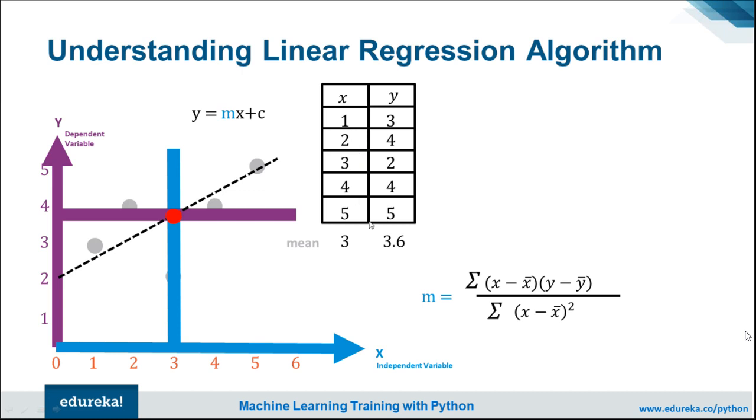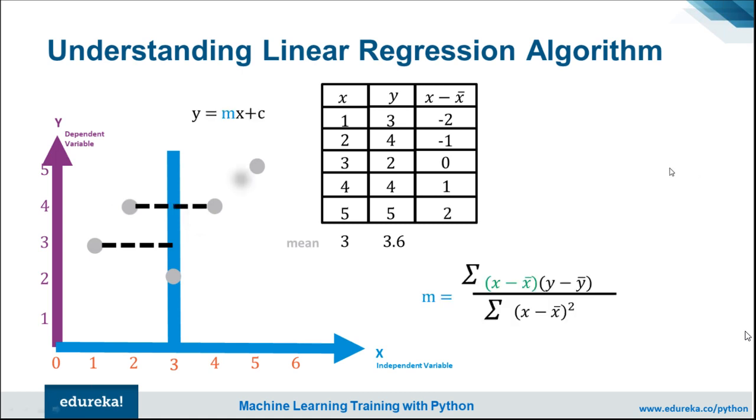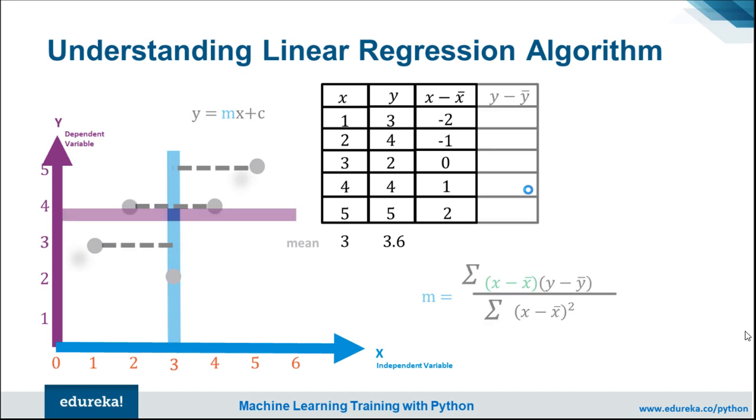So we know the mean for x and y, that is 3 and 3.6. We need to calculate x minus x bar here. So we do it quickly. 1 minus 3 becomes minus 2, and so on. We do it for all the values, and this way we get all these values. So we got x minus x bar. Now we want to take y minus y bar.